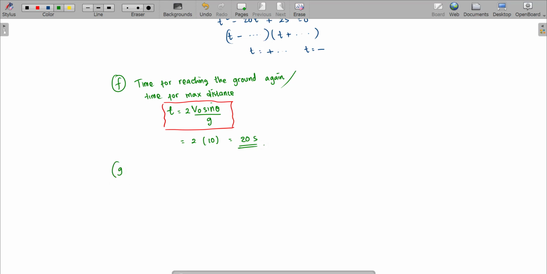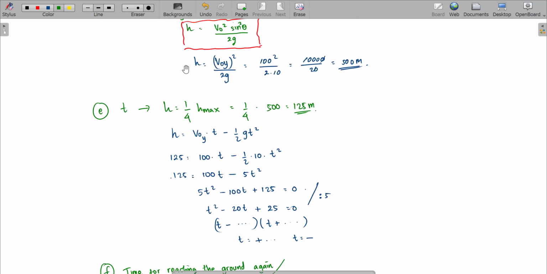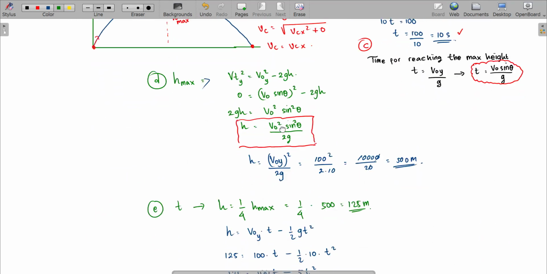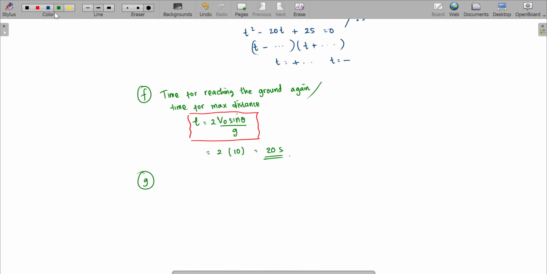Okay, clear. Point G. What is the last question in here? The last question is the range of the projectile, or sometimes we say the maximum distance, with symbol R. V equals S over T, right?